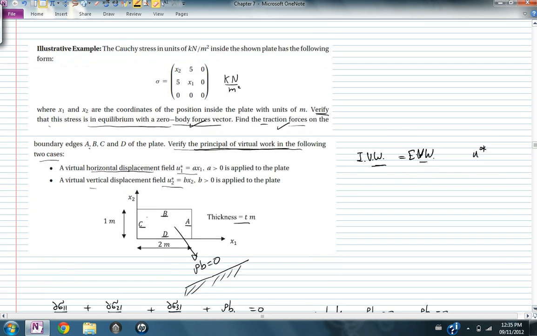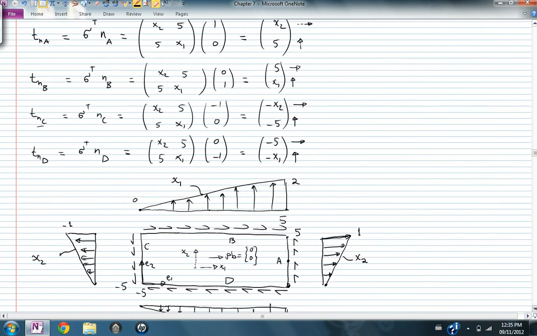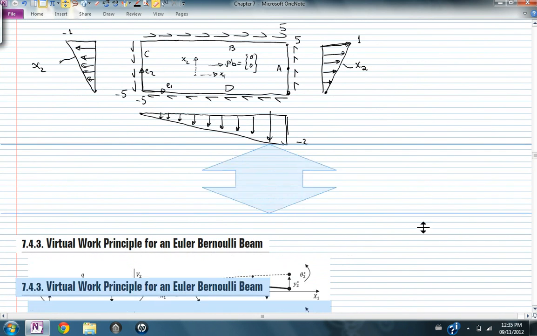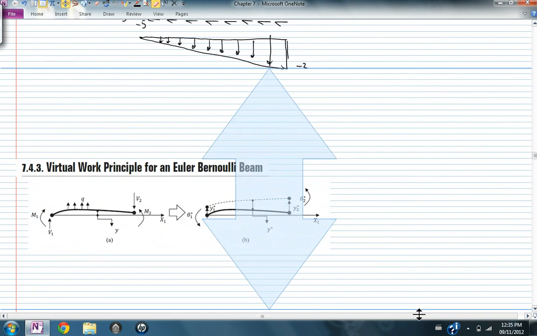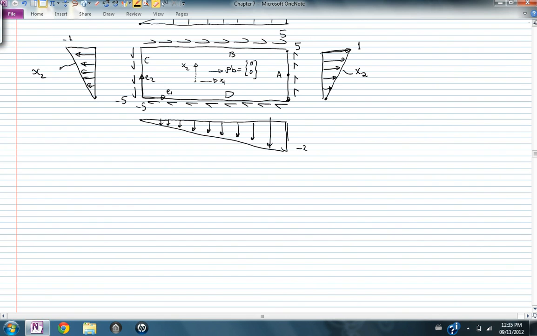We're saying, assuming that the plate has a virtual displacement, u star has two components, 0 in the vertical direction and a x1 in the horizontal direction.